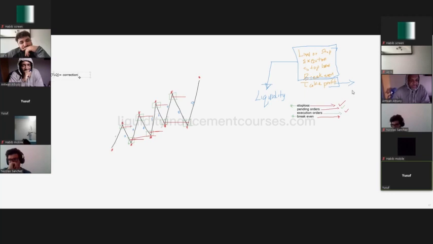The second type of liquidity is structural liquidity, and that is the liquidity for continuation, which is popularly known in the community as the last high before the main high, or the last low before the main low.